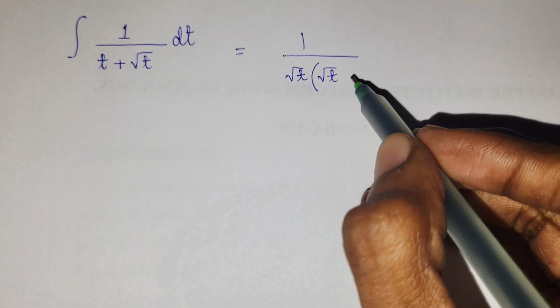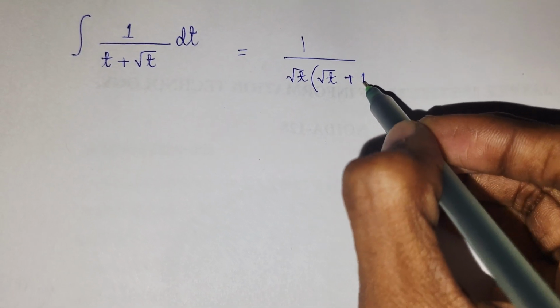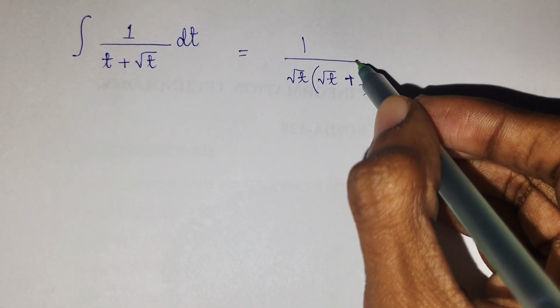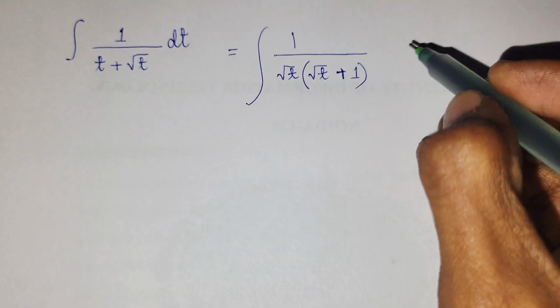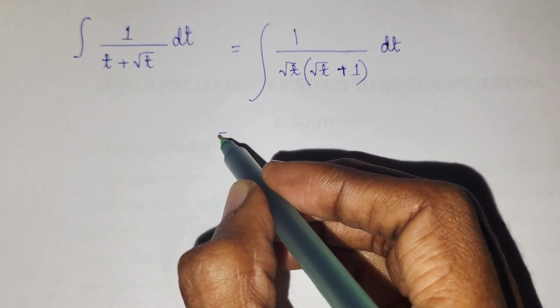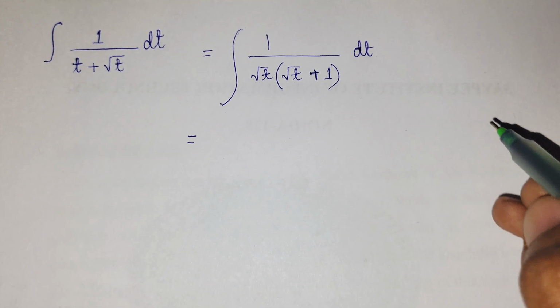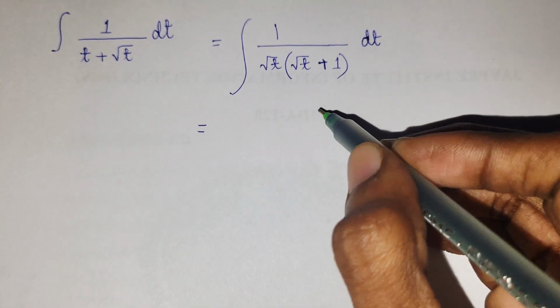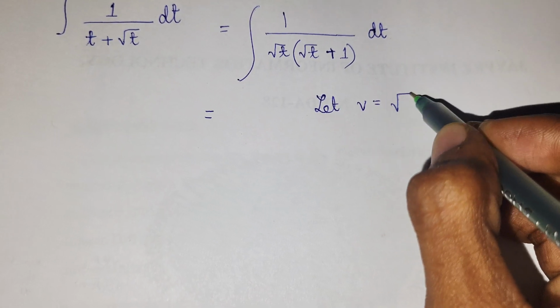And then we will take the square root of t common, so square root of t will be outside and the remaining will be 1, and the integration and dt will be as they are. Now we will take this square root of t as some other variable. Suppose we take v equals square root of t.